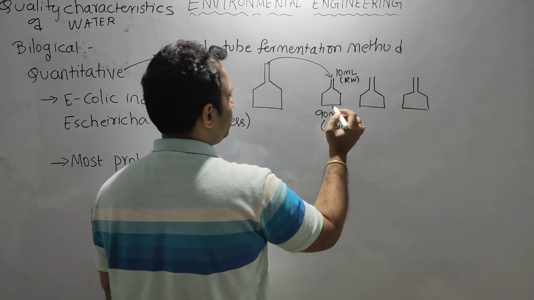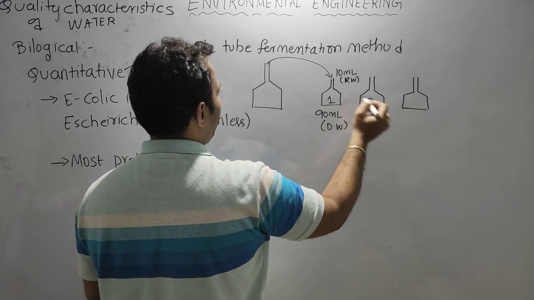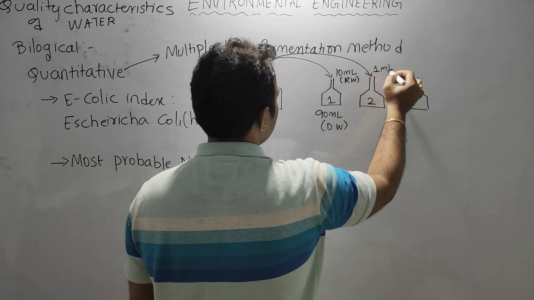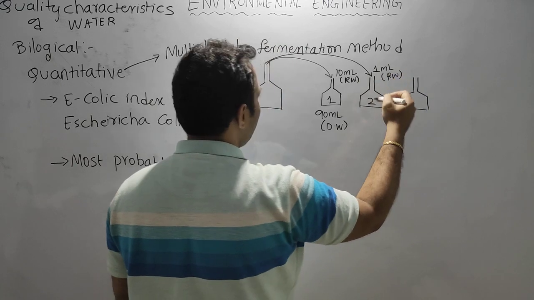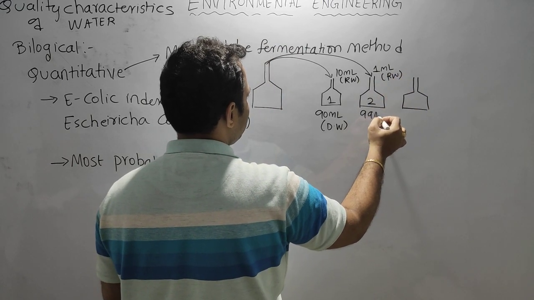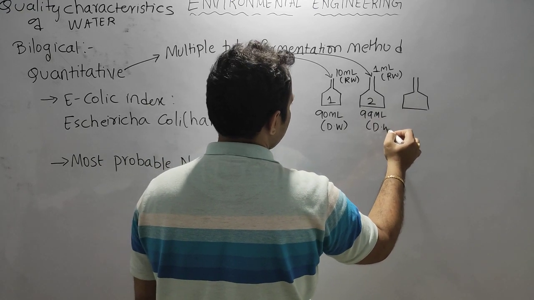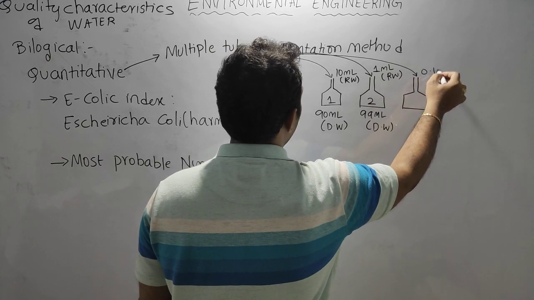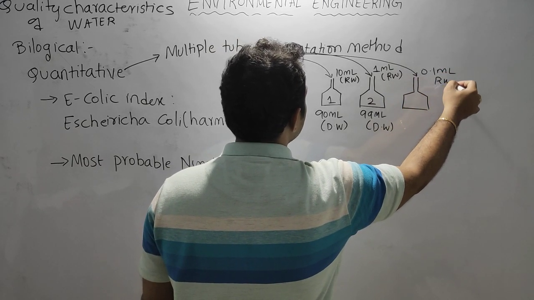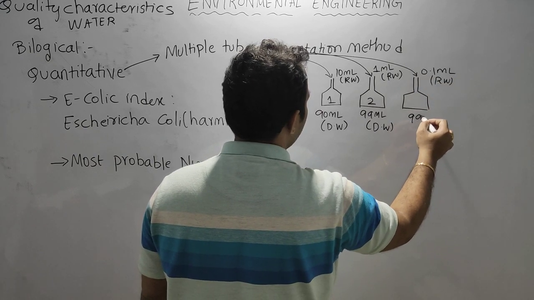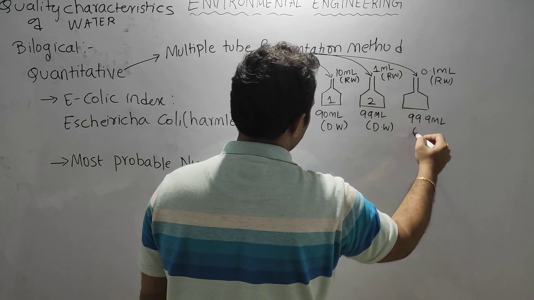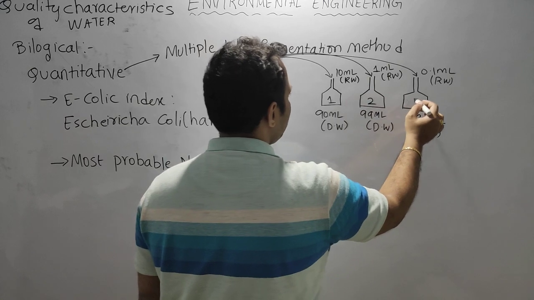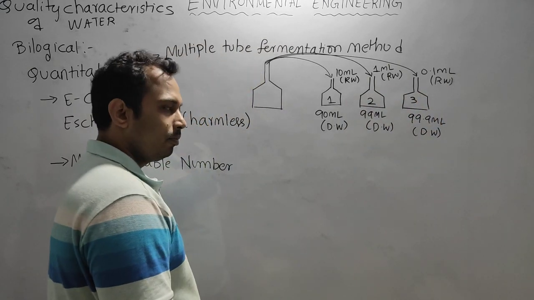In another flask, I will take 1 ml of raw water and 99 ml of distilled water. In another flask, I am taking 0.1 ml of raw water and 99.9 ml of distilled water. So I am taking different dilutions: 10 ml, 1 ml, and 0.1 ml.